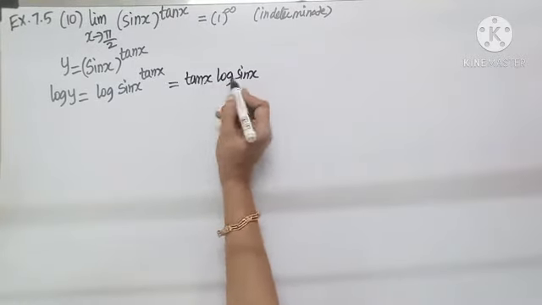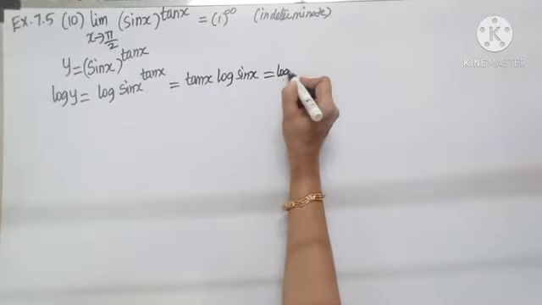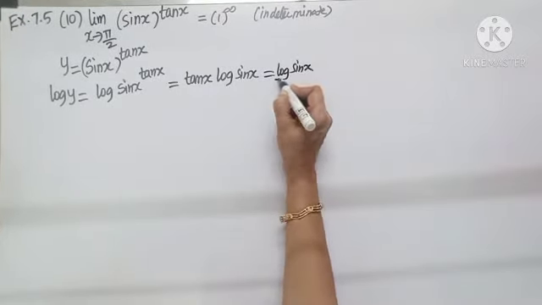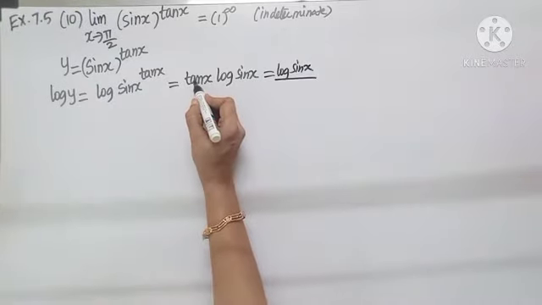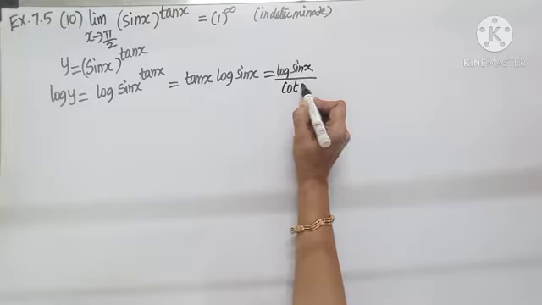Again, we cannot have 0 into infinity. Bring tan x down: log sin x divided by 1 by tan x, that is cot x.